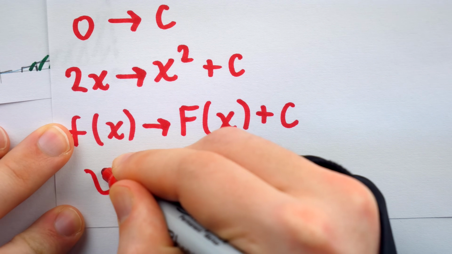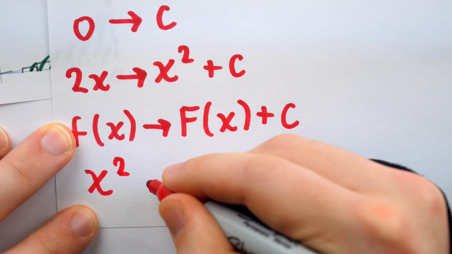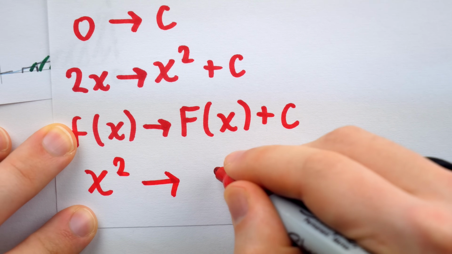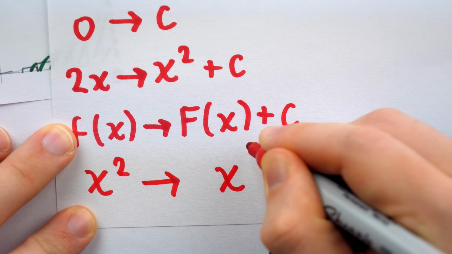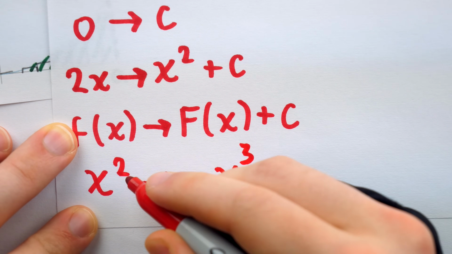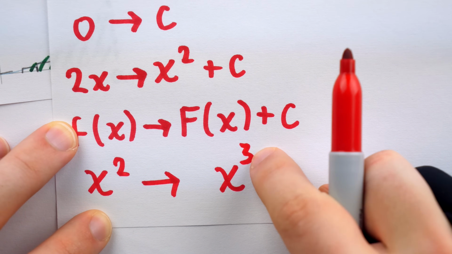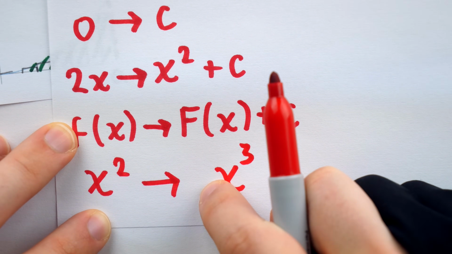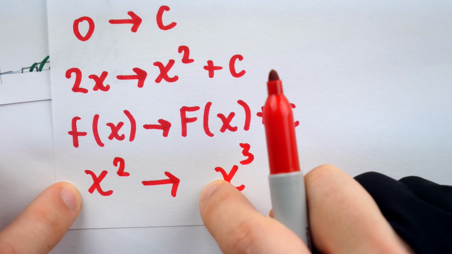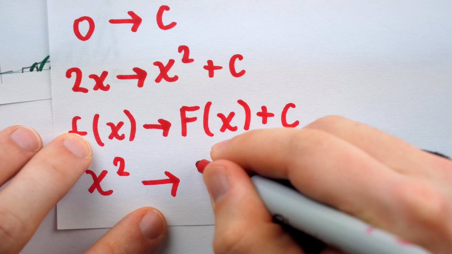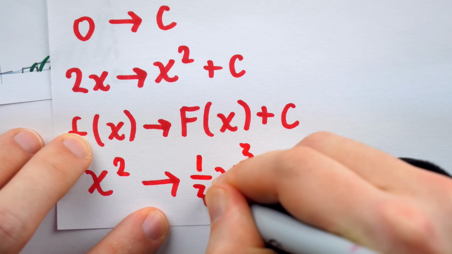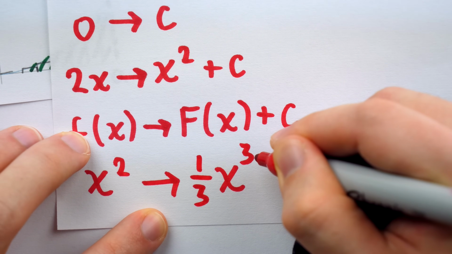Adding this to our list of antiderivatives, an antiderivative of x squared would need a power of 3, so that the power gets reduced by 1 to become 2, but the derivative of x cubed would involve bringing that 3 down as a factor, and of course x squared doesn't have that factor of 3, so we would need to put a 1/3 in front of this to cancel out that factor of 3.